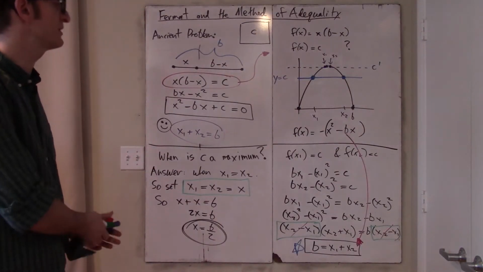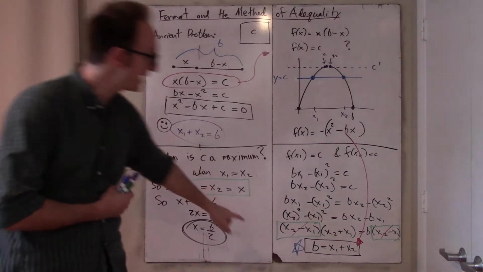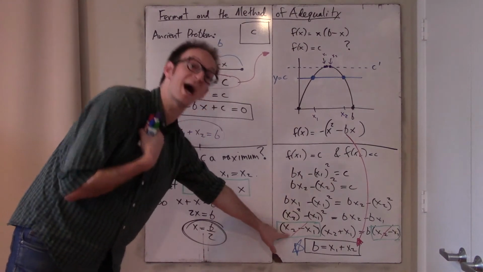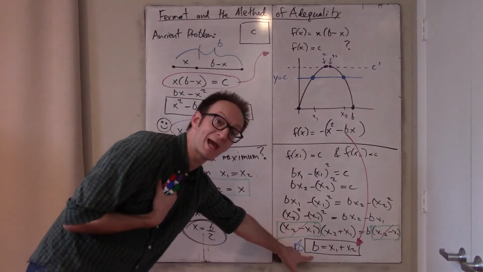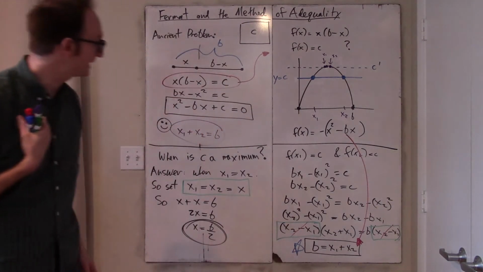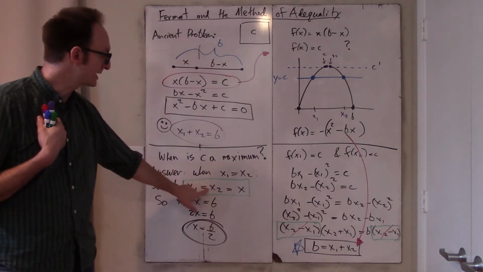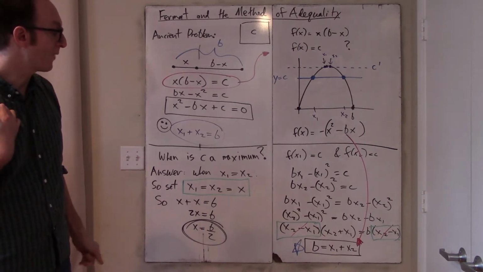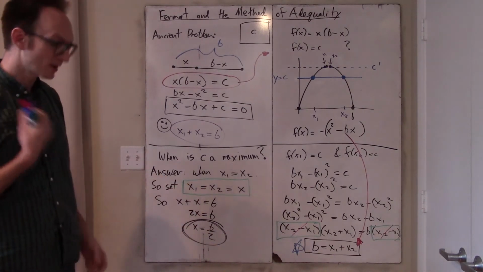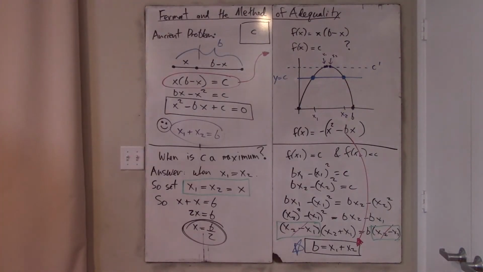Fermat feels perfectly comfortable, on the one hand, dividing by this quantity, which is non-zero, to derive a general relationship between x1 and x2, but then to claim moments later that that relationship holds perfectly well still when x1 actually is x2. This is the kind of thing that bothered some people and didn't bother others.